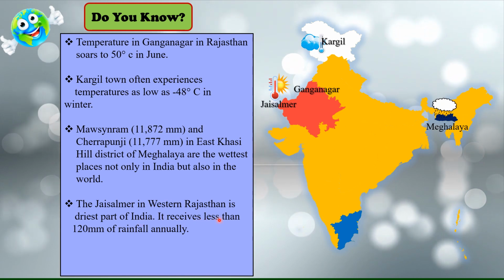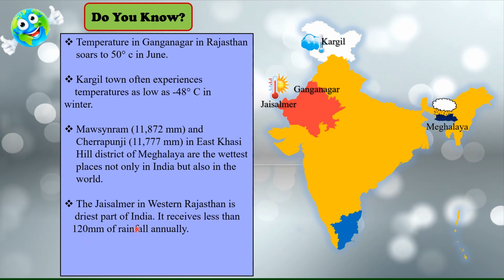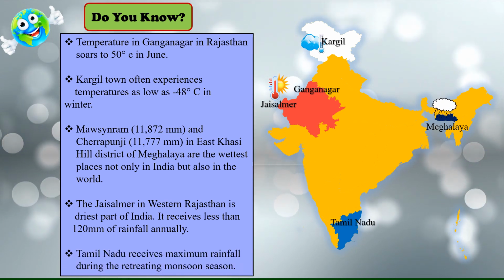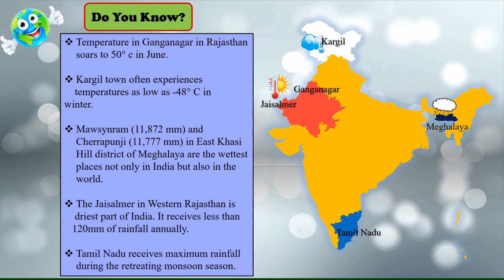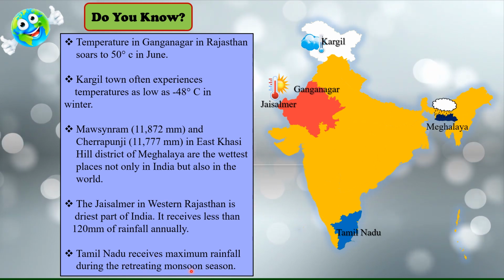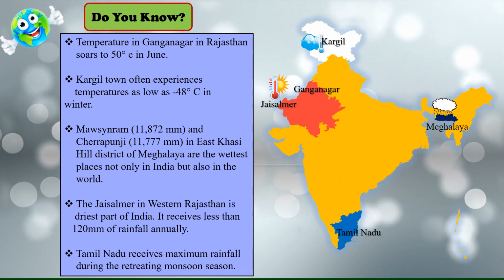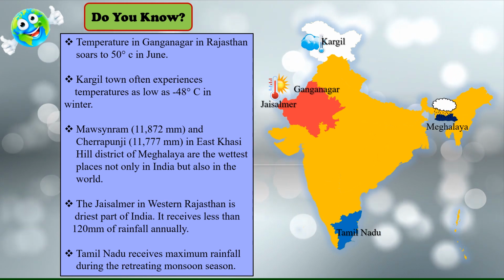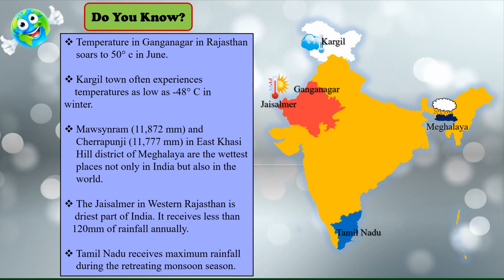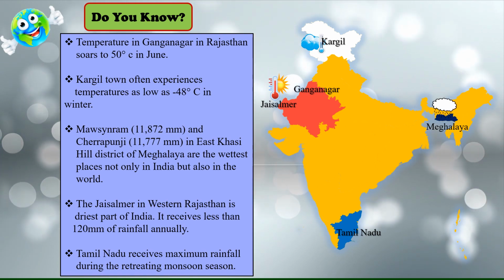It receives less than 120 millimeters of rainfall annually. Tamil Nadu receives maximum rainfall during the retreating monsoon season, that is, from the northeast monsoon winds.